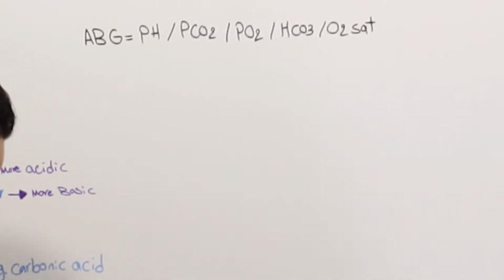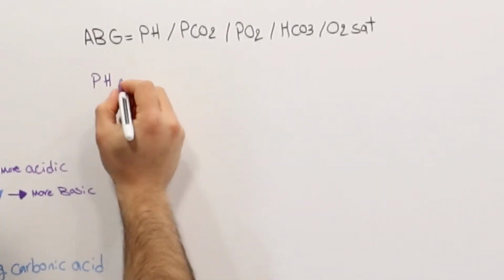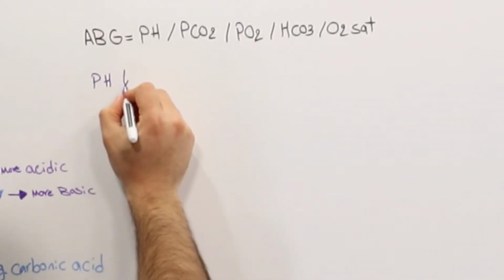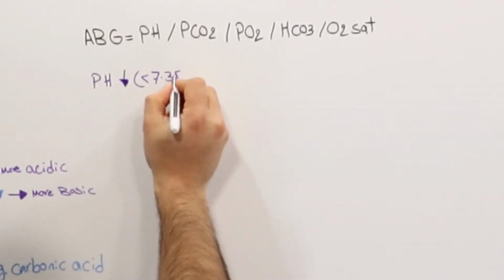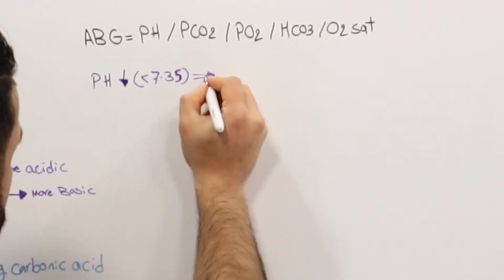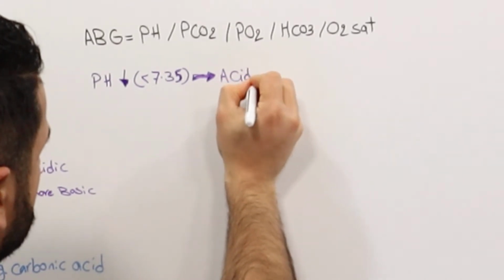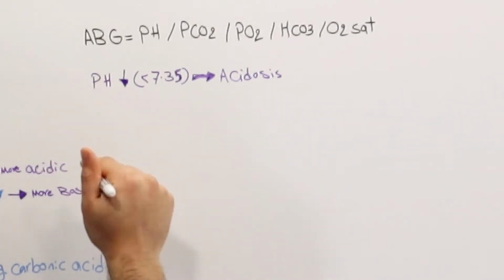So from the pH, I said that I can tell if it's going acid, and in this case the pH is decreasing. If the pH is decreasing, so less than 7.35, this means we have acidosis, because it's going toward the acidic part.